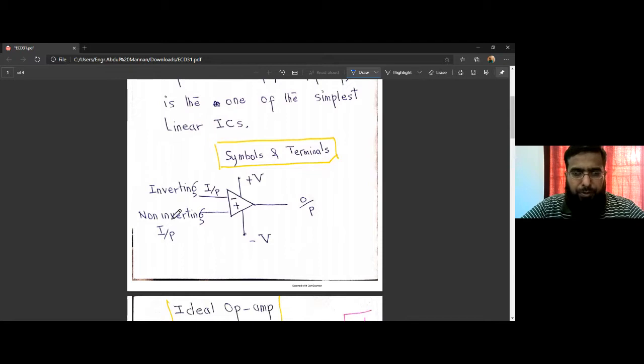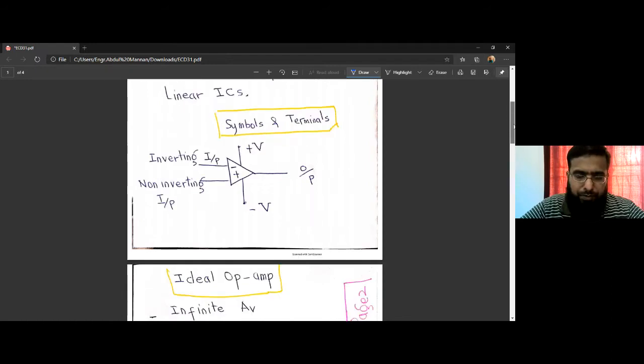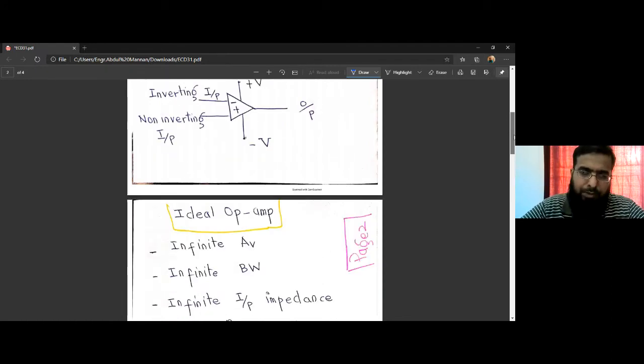We have two input terminals, and later we'll see why we have two input terminals and what applications we can address using these two different input terminals, and of course one output terminal. Generally it is biased with a dual power supply, plus V and minus V. This is the biasing voltage. So we need a positive battery as well as a negative battery.